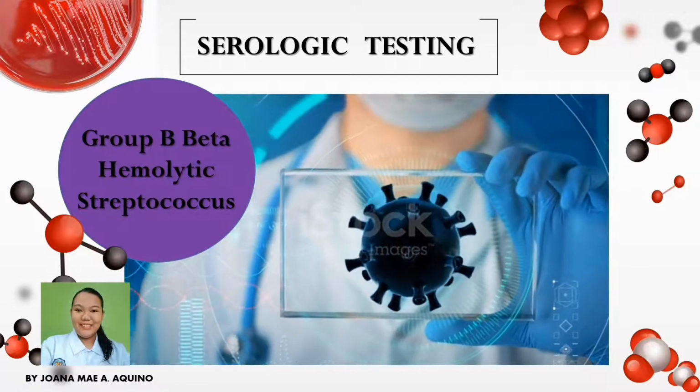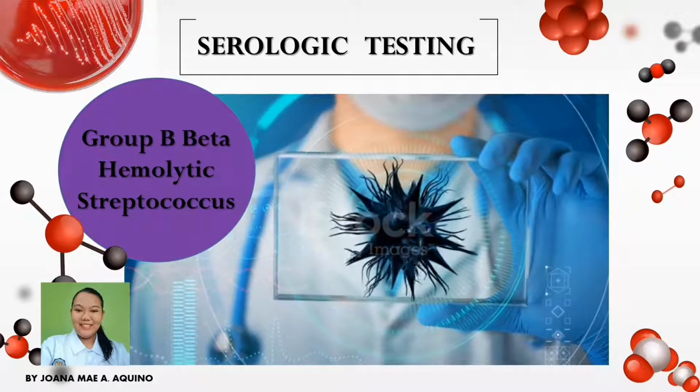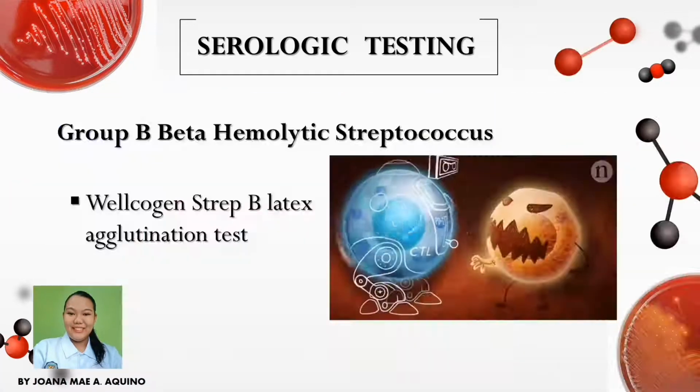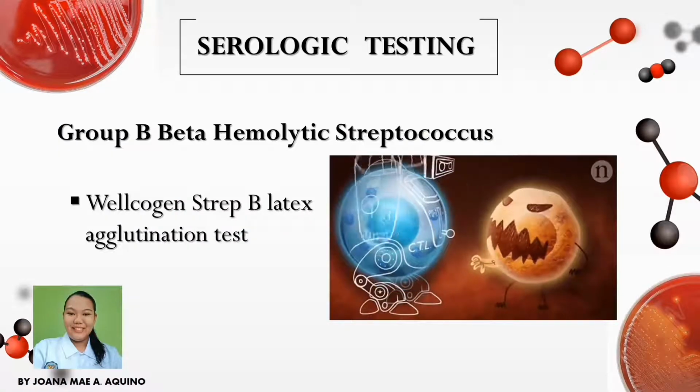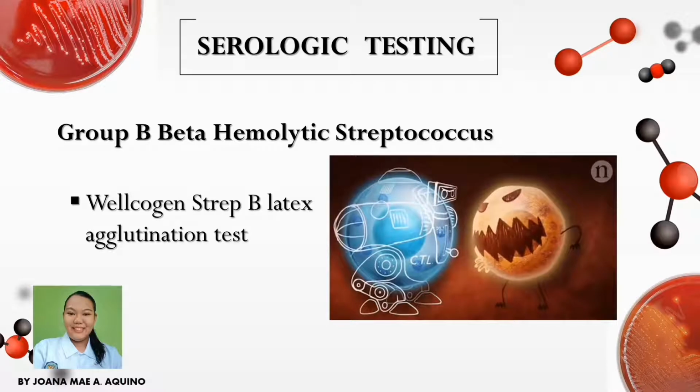Next is the group B Streptococcus, also known as Streptococcus agalactiae, a type of bacterium that causes illness in newborn babies. In order to identify this bacterium, we will use the Welcogen Strep B latex agglutination test. The Welcogen Strep B latex agglutination test was evaluated as a method of detecting group B streptococcal antigen in urine, cerebrospinal fluid, and serum from neonates with early and late onset group B streptococcal disease.